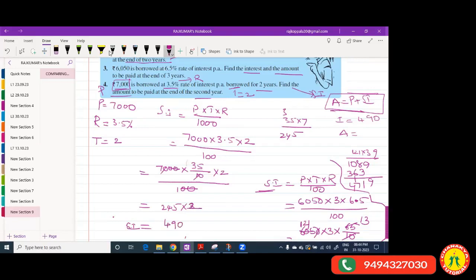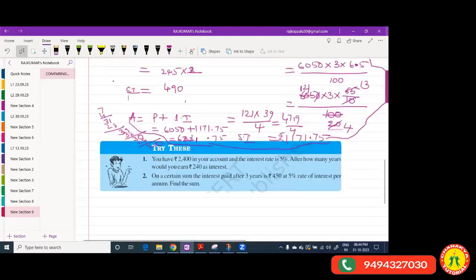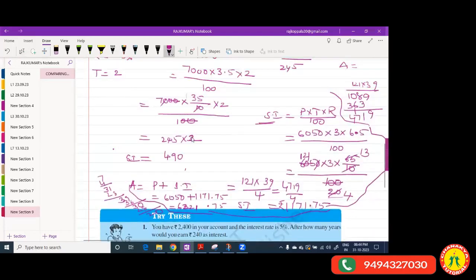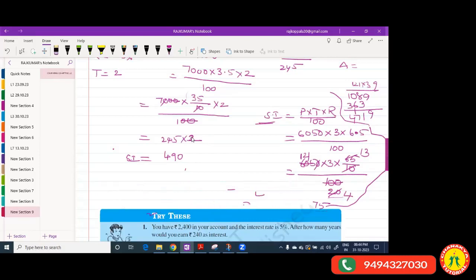Okay, Anubhav Banerjee, you are correct. Okay, now what we want to find, they are not asking interest. They are asking amount. Okay. See, amount is equal to, what is the formula?